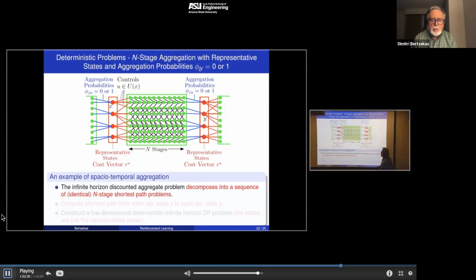So we start with some initial condition, go through n stages, meet the first layer, pass on to a representative state. We go to the coarse grid, and then travel on the fine grid all the way for n stages, and then go down again, and so on.